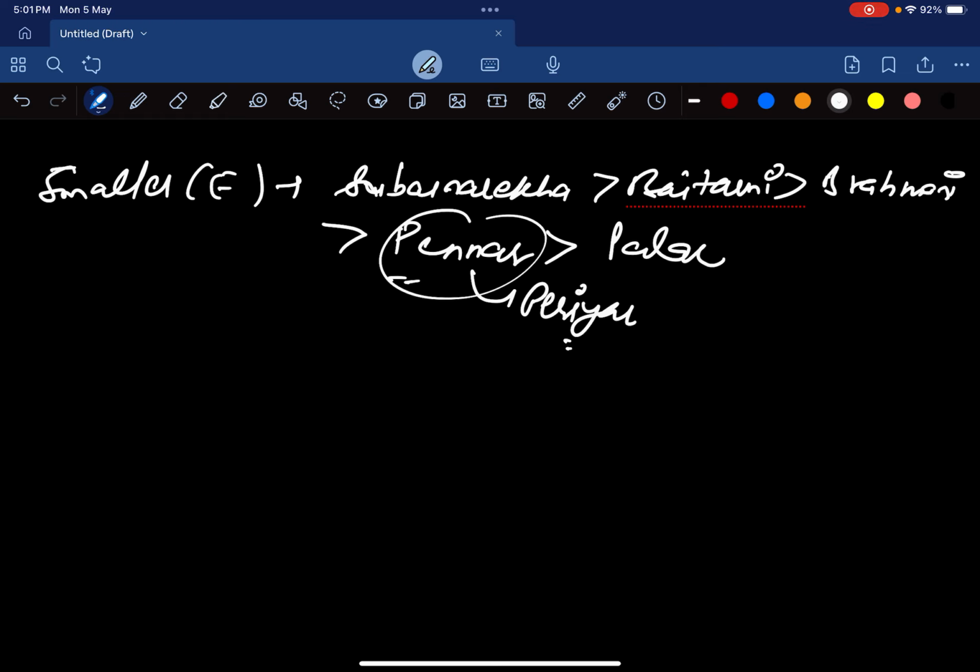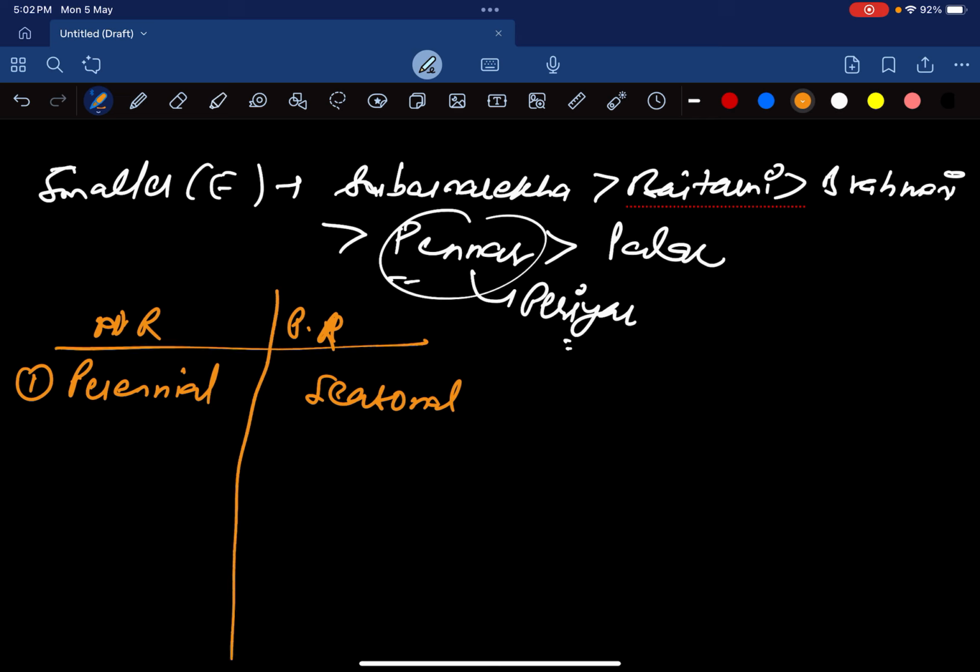Now let's look at few of the differences of the northern rivers and the peninsular rivers, right? So the northern rivers are the perennial rivers, which means they are there for the whole year, while the peninsular rivers are seasonal depending upon the rains. Right, northern rivers form a large basin. It is small for the peninsular.